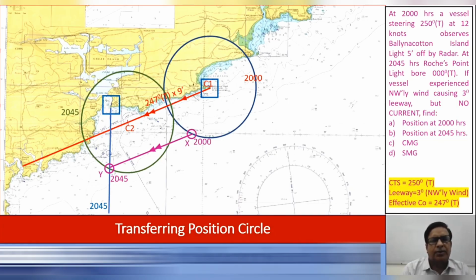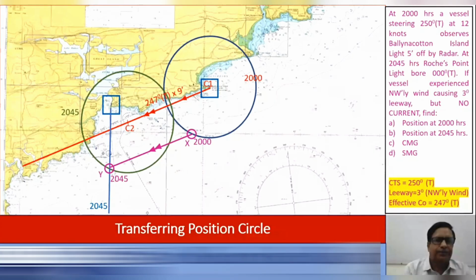So X is the position at 2000 hours, Y is the position at 2045, XY is the course made good, and XY distance is the distance made good in 45 minutes, giving us the speed made good.